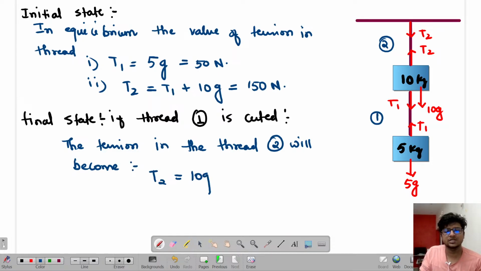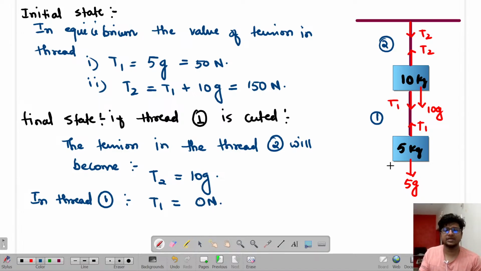Simply equal to 10g without any thinking. And tension T1 in thread 1 will become how much? 0 newton.